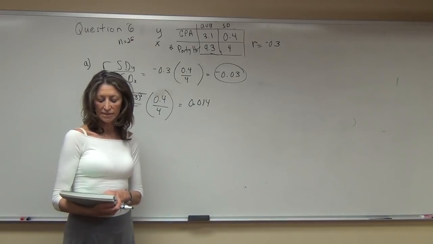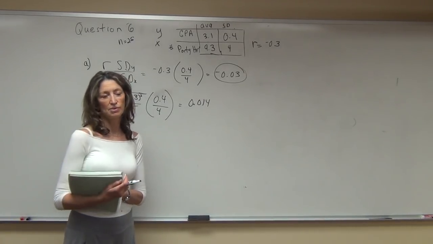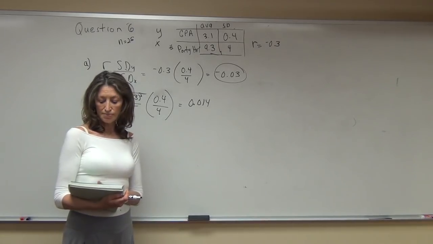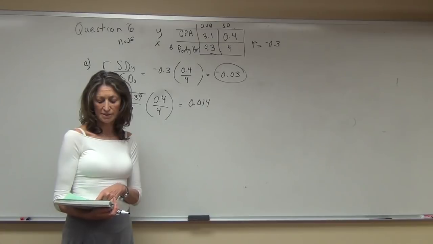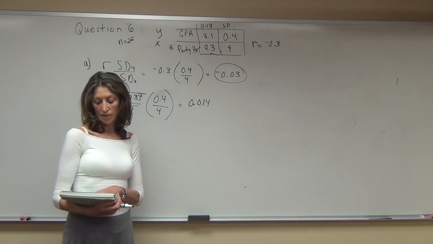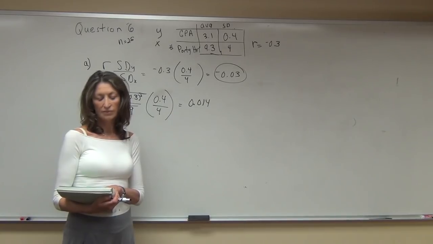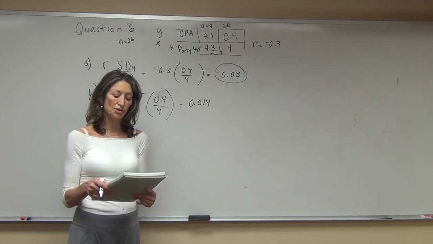All right, so the next one we do use it. It says find a 96% confidence interval for the population slope using the normal curve. Well, this is a large enough sample size, and I'm asking you to use the normal curve, so either the central limit theorem has kicked in, or I'm just asking you to do the calculation with the normal curve.